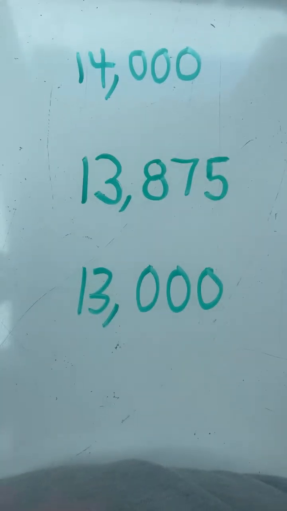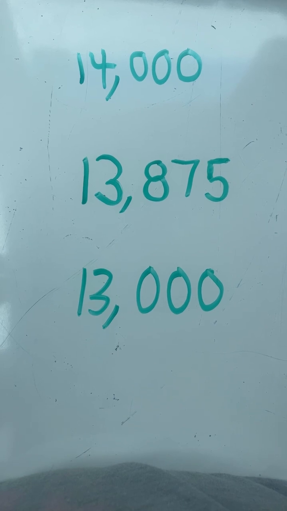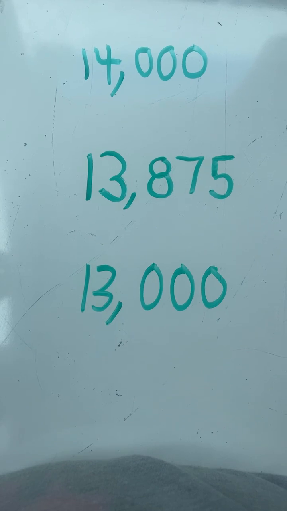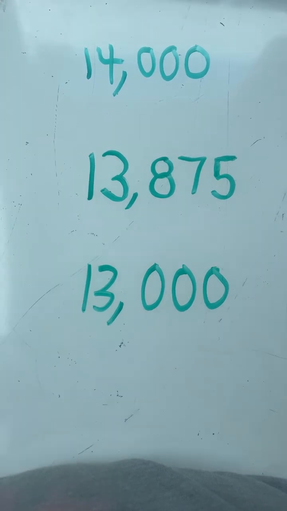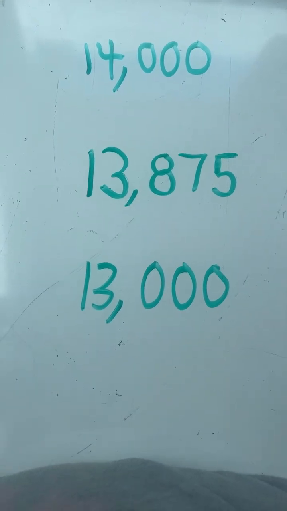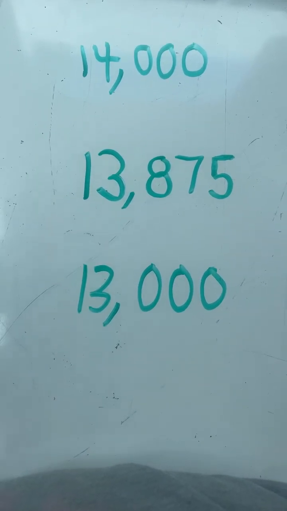Now, to determine whether we need to round up or round down, we have to look at the digit in the hundreds place. If the digit in the hundreds place is 5 or more, we round up. If it is 4 or less, we round down.